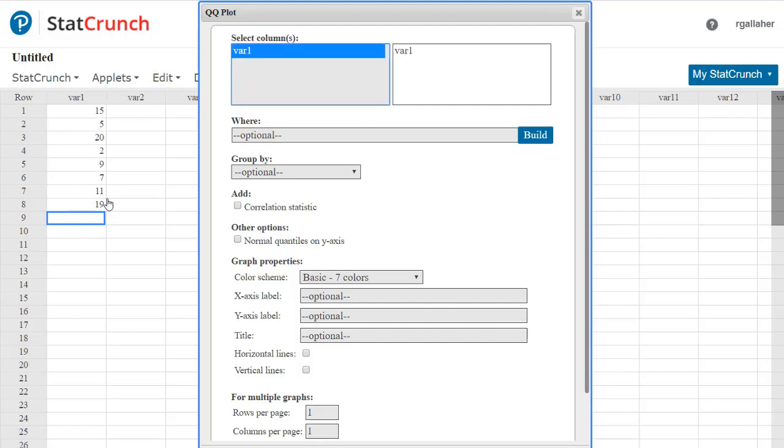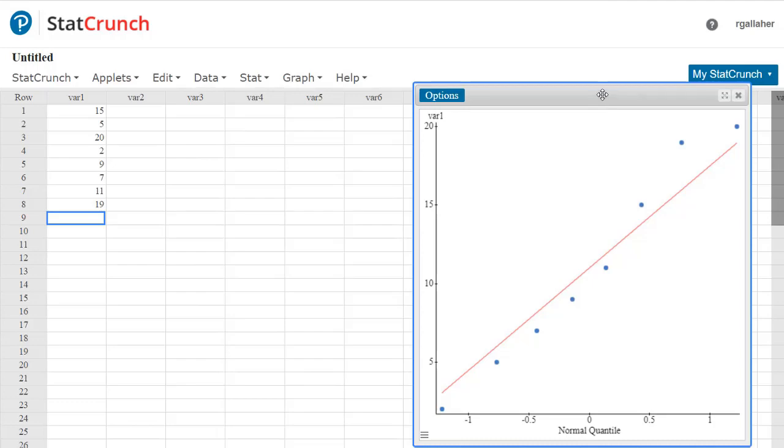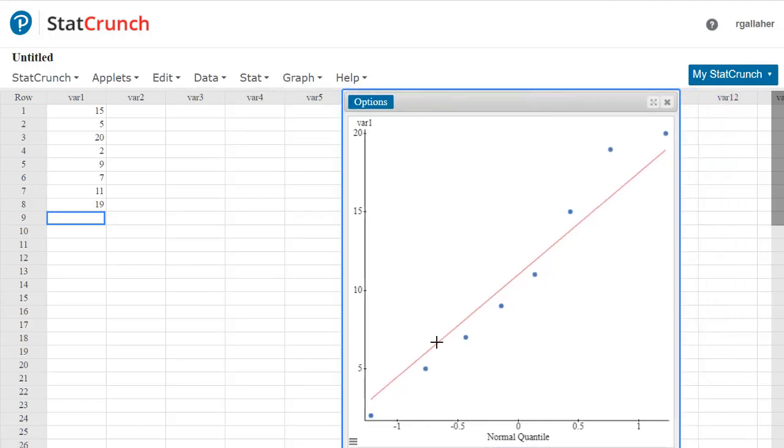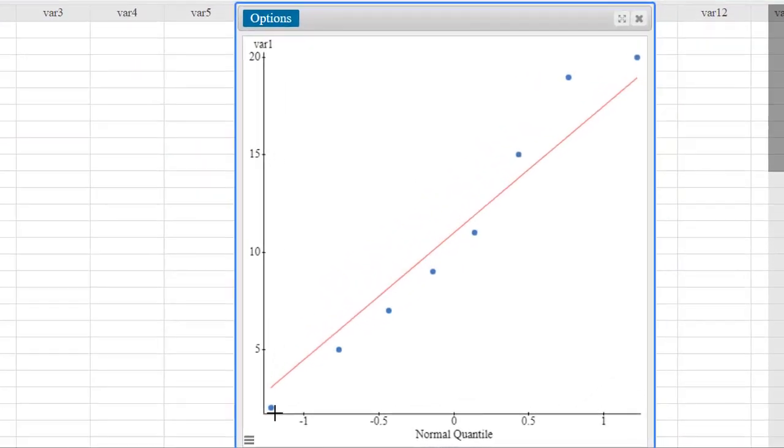Now if I say compute, then StatCrunch calculates this QQ plot. Now QQ plot is similar to the normal probability plot, but instead of using expected z-scores, it uses something called quantiles. Just to be clear, by default, it puts the expected quantiles on the horizontal axis, and it puts the data values on the vertical axis.